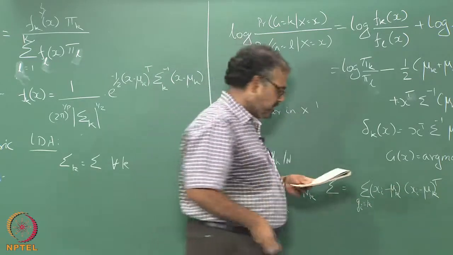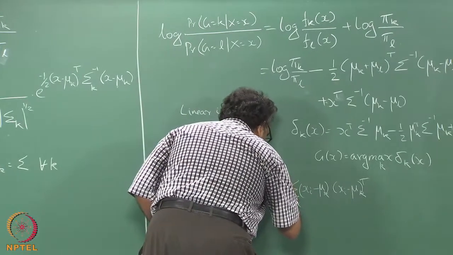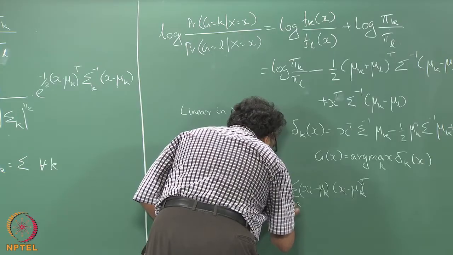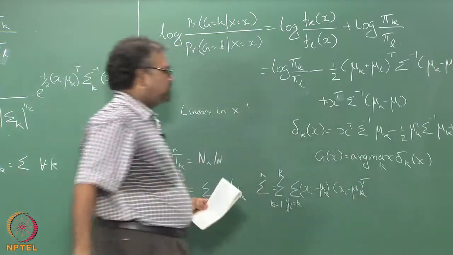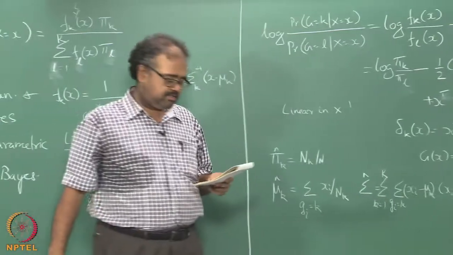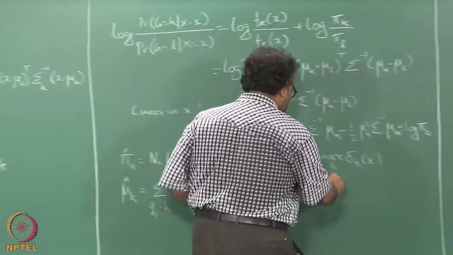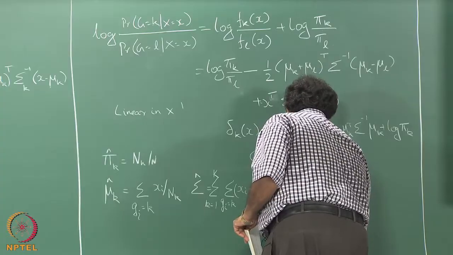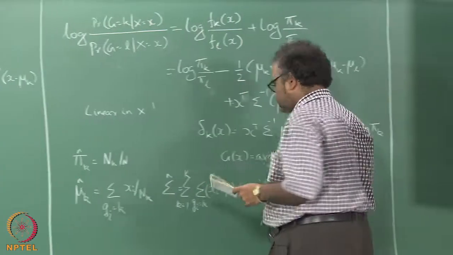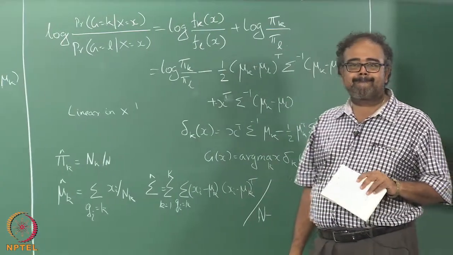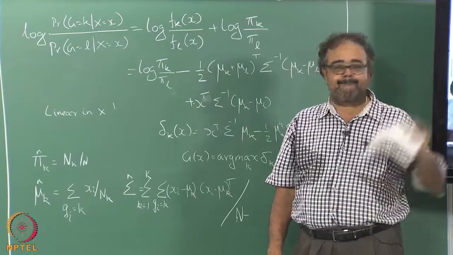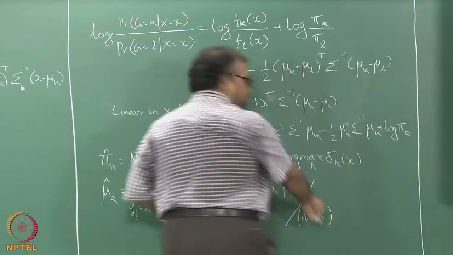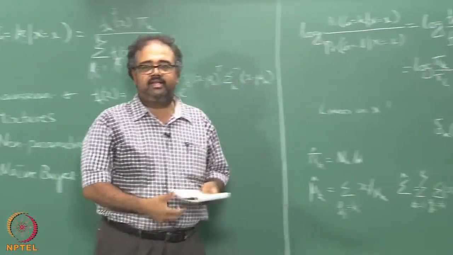Then I will do this over all classes, and then I will divide by capital K. So I will divide by n minus k.